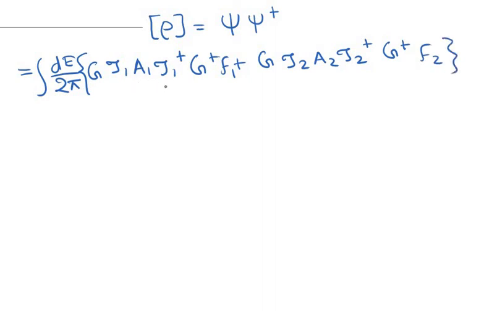Now from our earlier discussion, we remember that this is equal to gamma 1 and this part is equal to gamma 2.